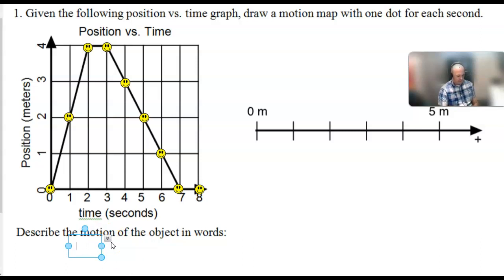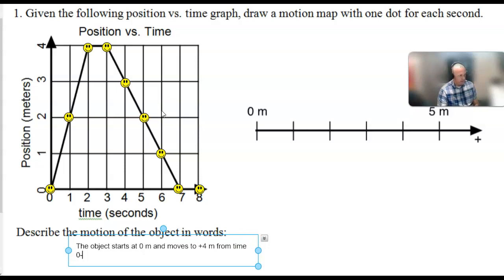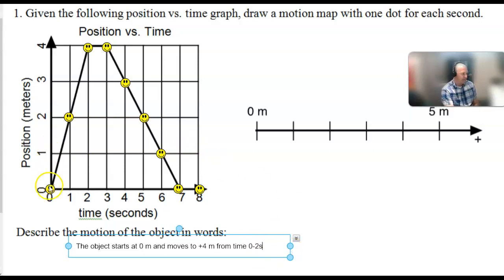So I would say the object starts at 0 meters, because that's the initial position, and moves, so going from here up to here, it looks like it moves to positive 4 meters from time 0 to, it looks like, 2 seconds. So it looks like that's what's happening in this first part of the motion. So it starts down here at 0, then it moves to 2, then it moves to 4, and that takes a total of 2 seconds.